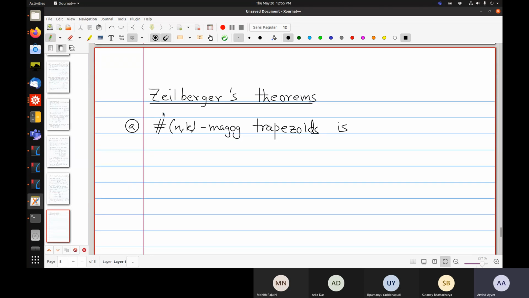I need some notation for that. Let xi bar, this is not the complex conjugate, this is 1 minus xi.